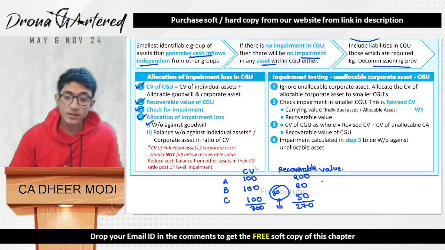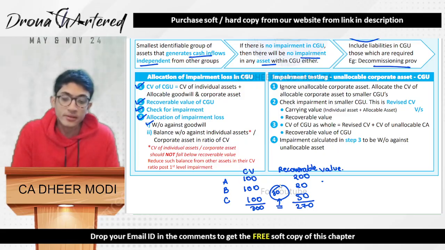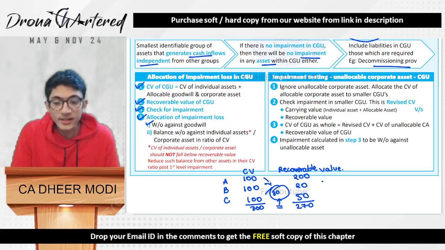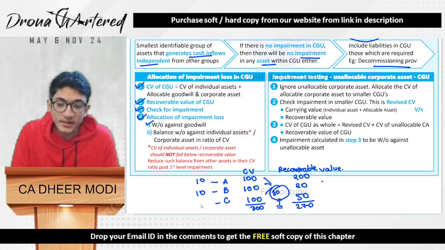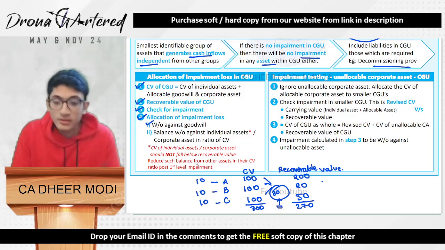Okay, now what does it say? Carrying value of individual assets. So this 30 rupees will be bifurcated in this carrying value, correct? It will be bifurcated equally since all of them are 100. So basically A should be subtracted by 10, B should be impaired by 10, and C also should be impaired by 10. But what does this say?